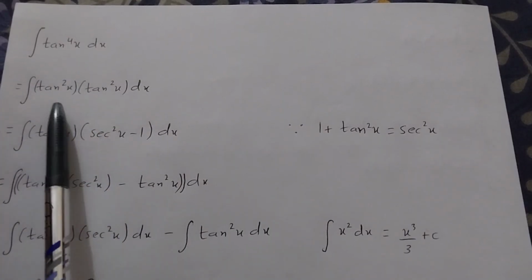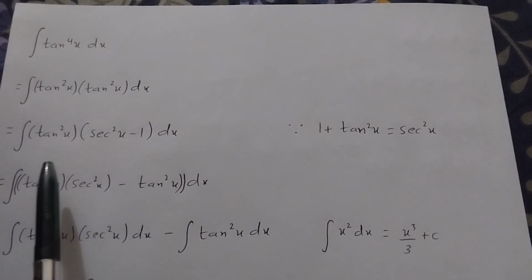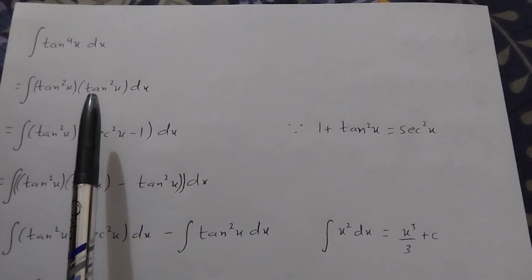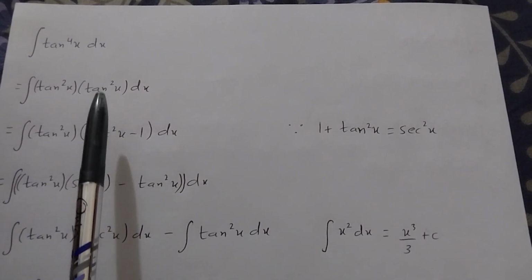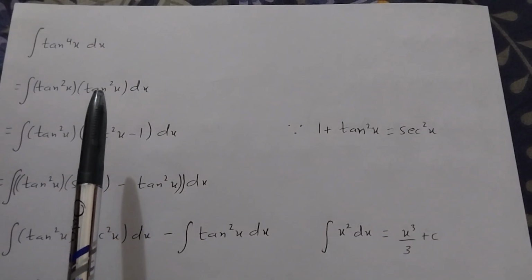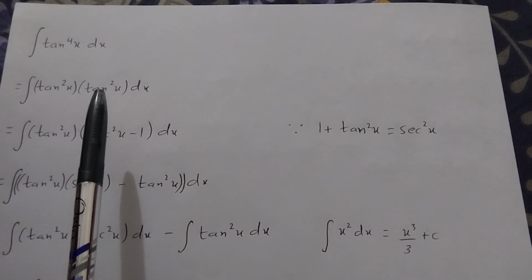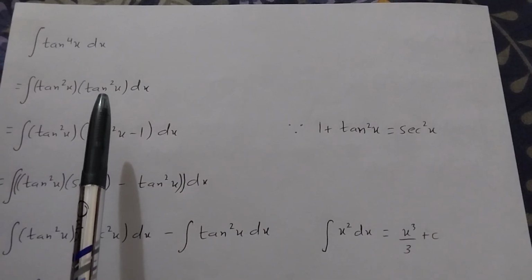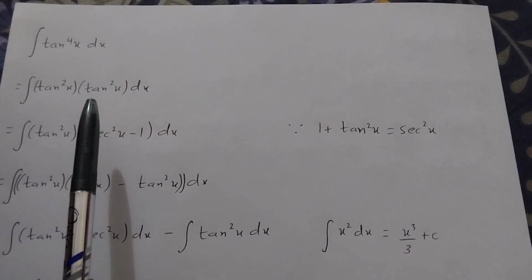We will write it as tan square x into tan square x, and whenever we come across tan square x in integration, we try to write it in the form of secant square x. And why is that?